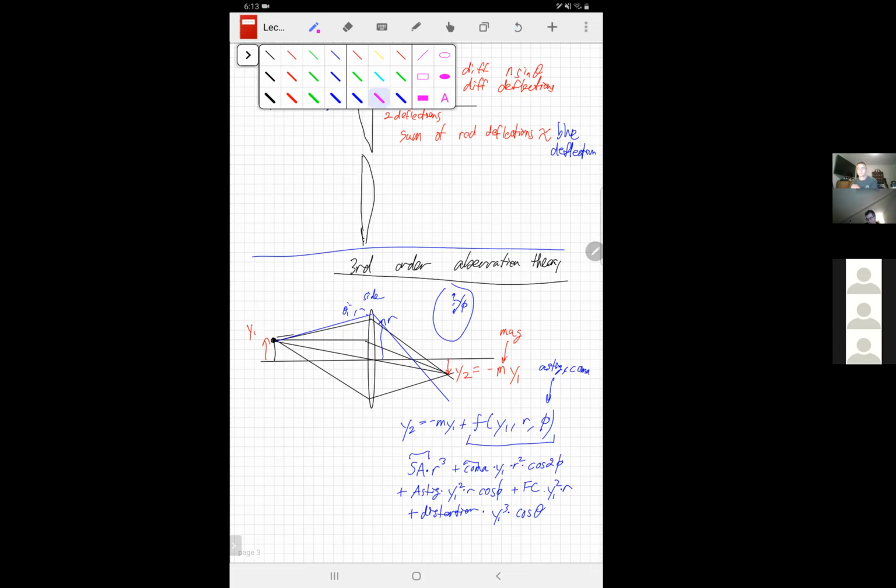On-axis object? Is Y non-zero for an on-axis object? No, Y is 0 for an on-axis object. So if we have an on-axis object, this is the only non-zero term.